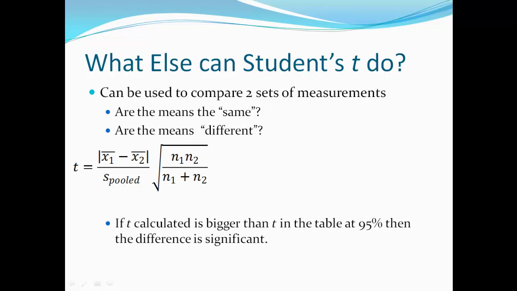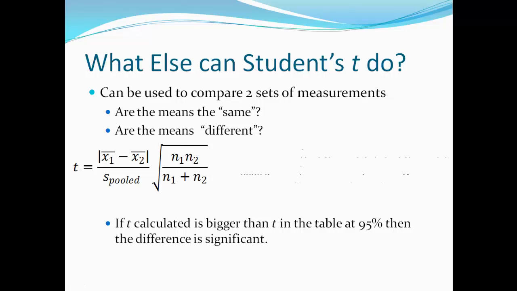The reason they put the absolute value is that that number is always positive, divided by S pooled, which is a standard deviation pooled, and I'm going to show you what that is equal to in a second, times the square root of the number of measurements in the first set times the number of measurements in the second set divided by the number of measurements in the first set plus the number of measurements in the second set. It's a bunch of letters, but we know all of these values already.